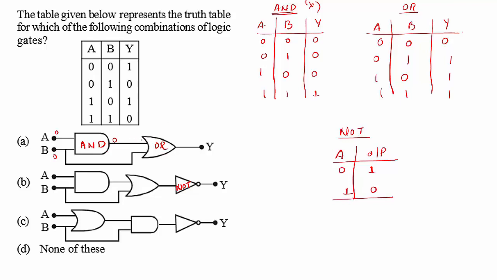The OR gate inputs are 0 and another 0. So 0 0 means the output is 0 for the OR gate. But here what they have given? 0 0 is 1. That means it is wrong, it is not the suitable logic gate.